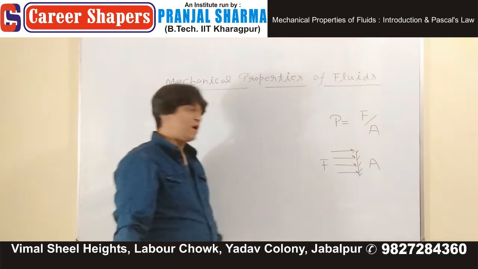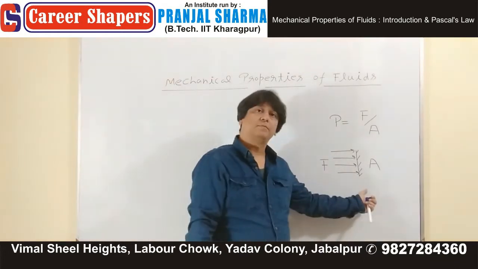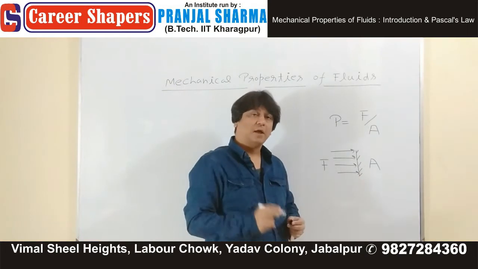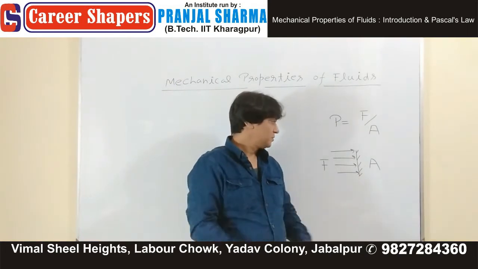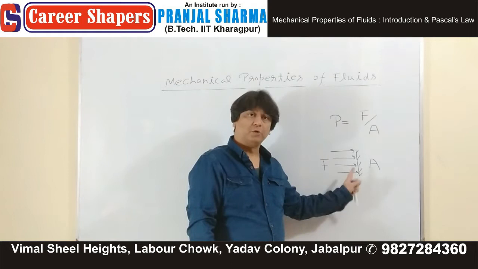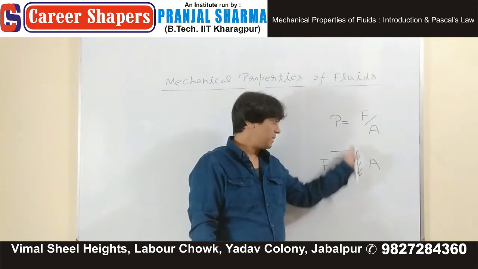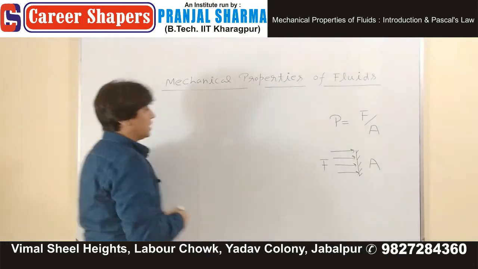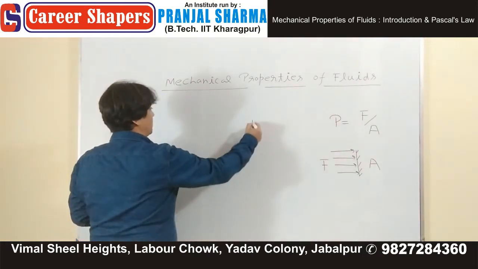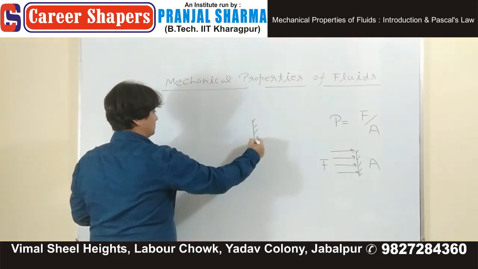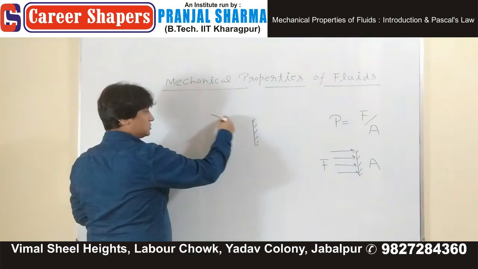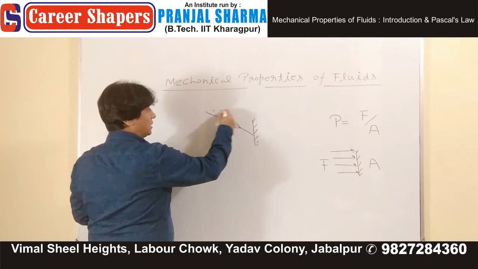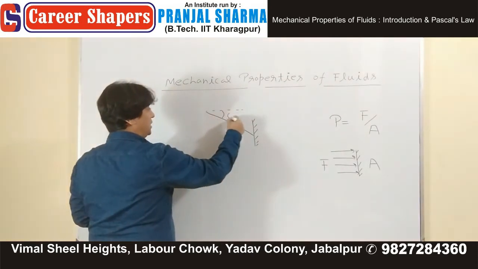But when we define force per unit area, we need to remember one important thing. And that thing is, this force should be always perpendicular to the surface. For example, if we have a situation like this, where force, let's say, makes an angle theta.